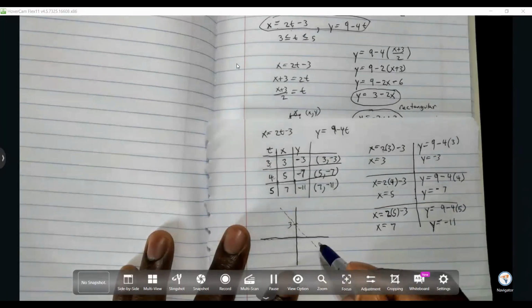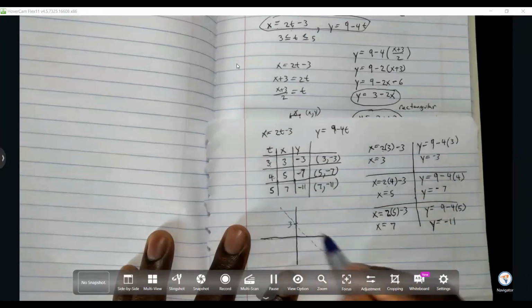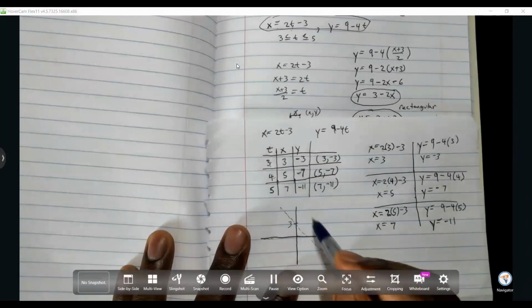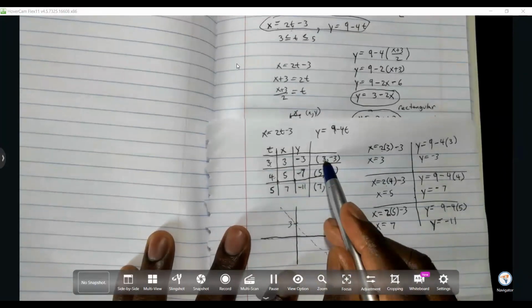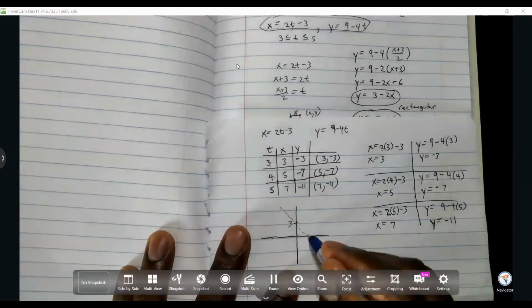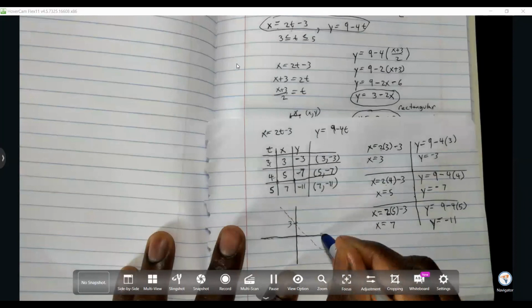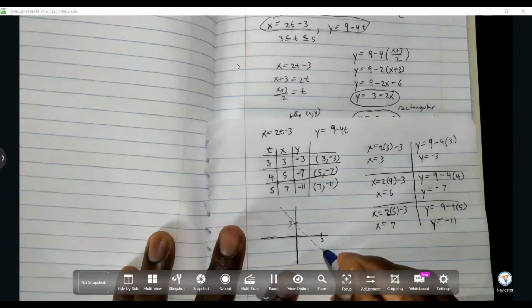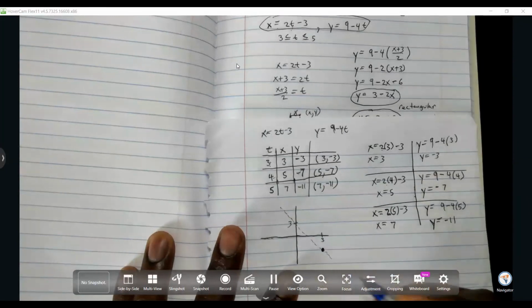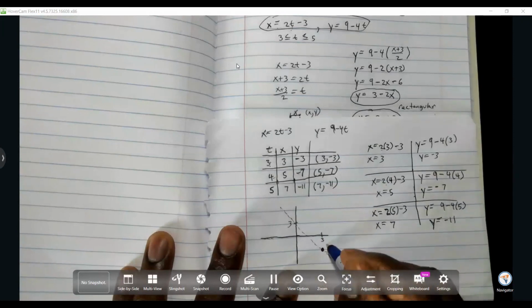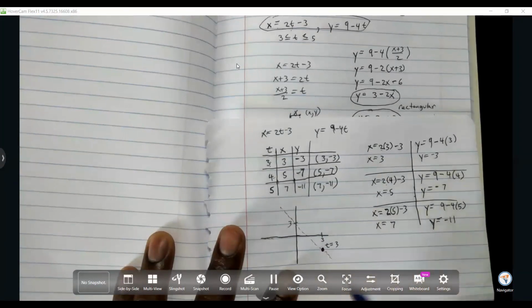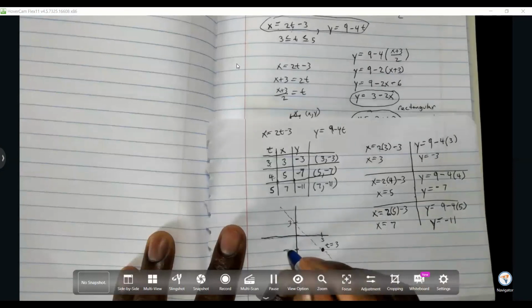I put it as dotted because we're not going to need this whole thing. We're just going to need where it starts. So it's going to start at 3, -3. That will be the first point, right? Where the time is 3. Does that make sense? Yeah.